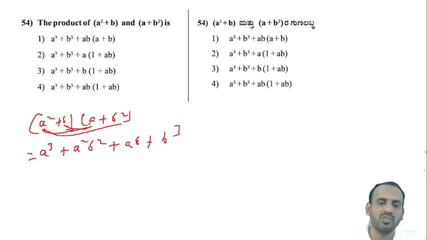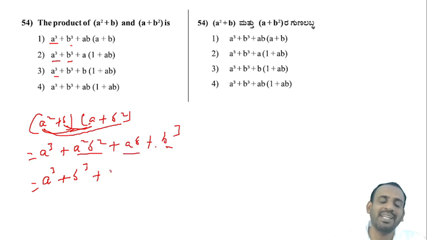Okay. So can we take out common from anything? If you observe here carefully, we have a cube plus b cube, a cube plus b cube. So first we will write down a cube plus b cube plus, if we take out a cube plus b cube, what is remaining now? a square b square, ab.